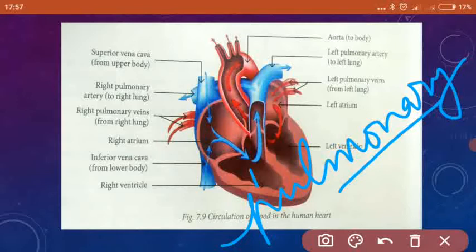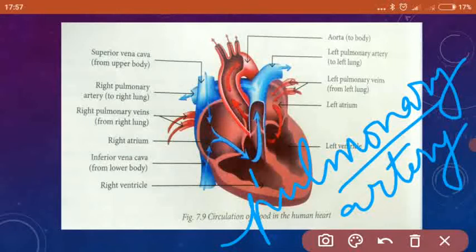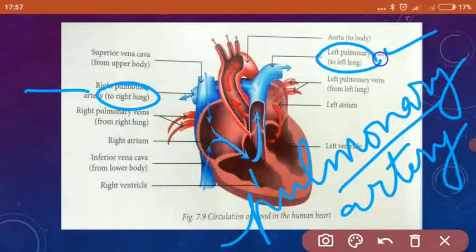So the pulmonary artery means the artery which carries the blood to the lungs. While carrying the blood, this artery divides into two parts, the right pulmonary artery and the left pulmonary artery. The right pulmonary artery will carry the blood to the right lung. You know that there are two lungs, the right lung and the left lung, and the left pulmonary artery will carry blood to the left lung.